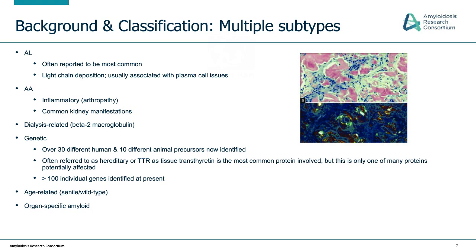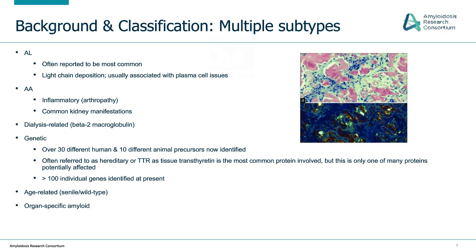But the difference is that the TTR is felt to be normal or else physiologic, and this appears to increase in deposition with age. It's seen in about 15% of people past the age of 80, but for reasons that aren't clear, we can see it in people as well who are much younger.